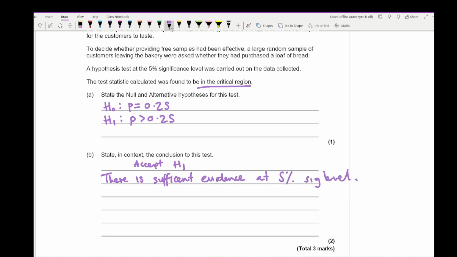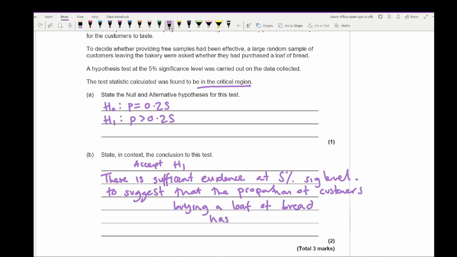Again, really important that you write that, to suggest that the proportion of customers buying a loaf of bread has increased.